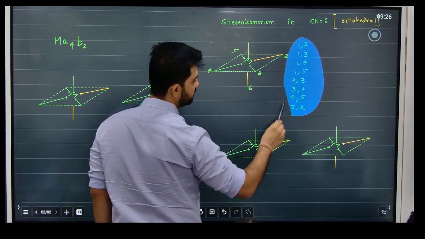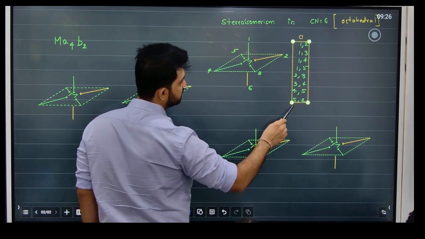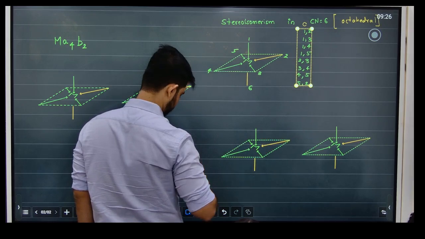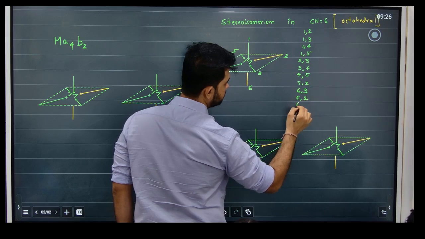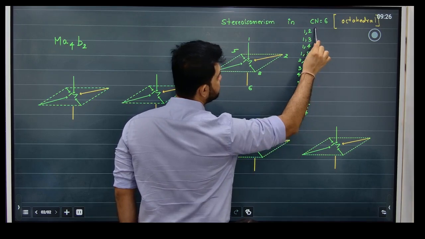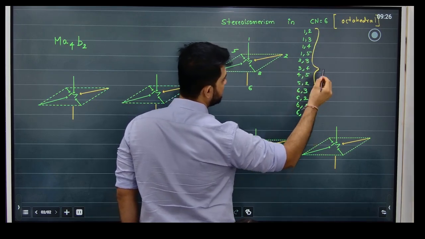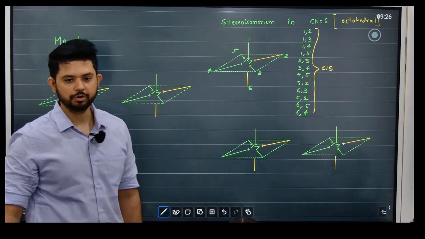Where? 6 and 3, 6 and 2, 6 and 5 and 6 and 4. All these have 90-degree angles in between them. So I can classify all of them to be as cis configuration.